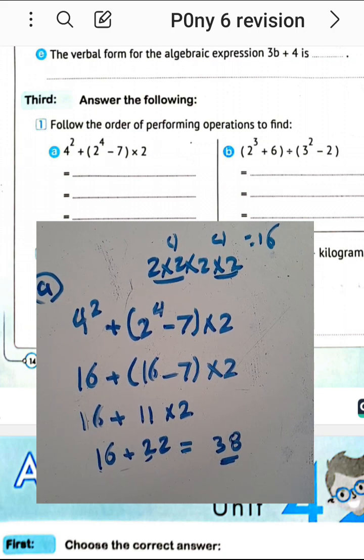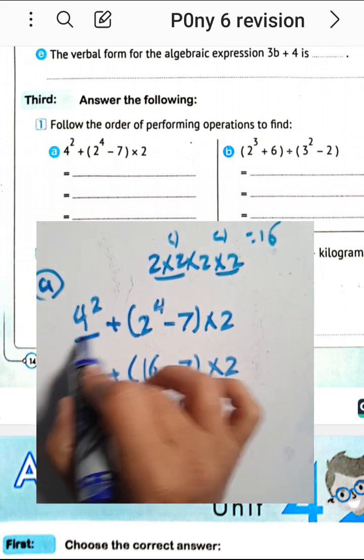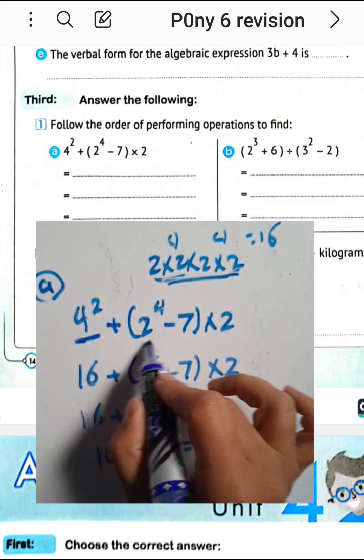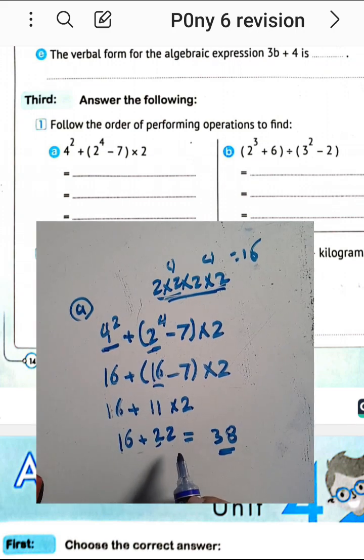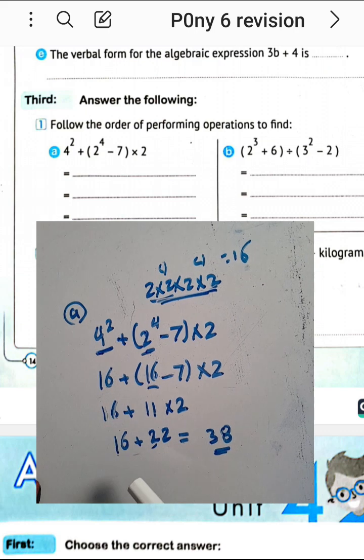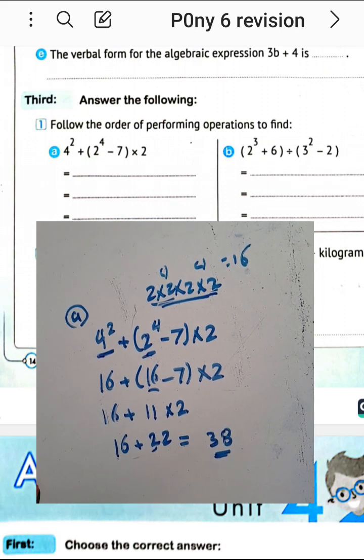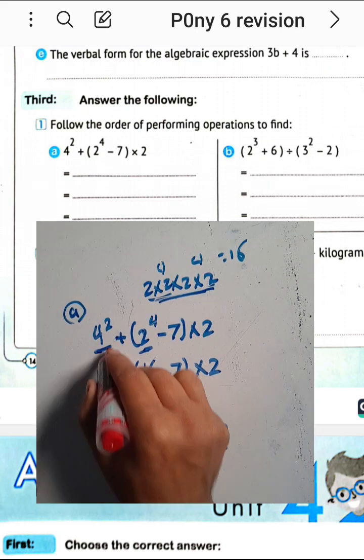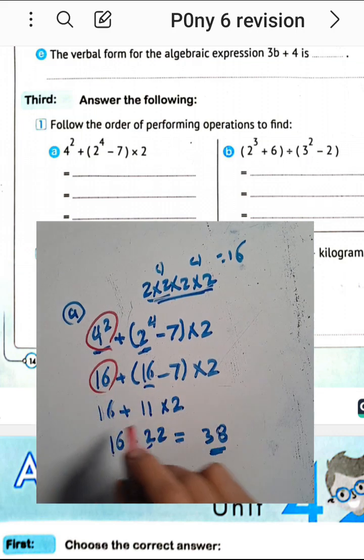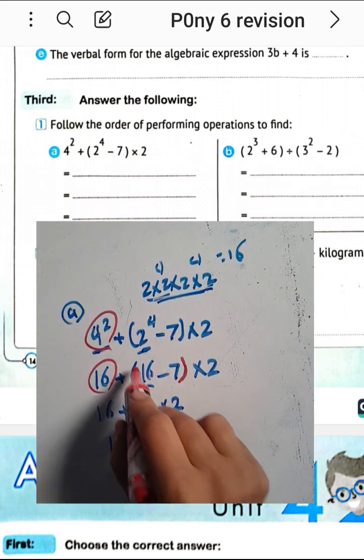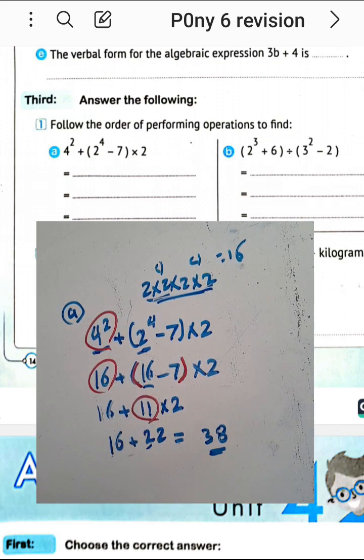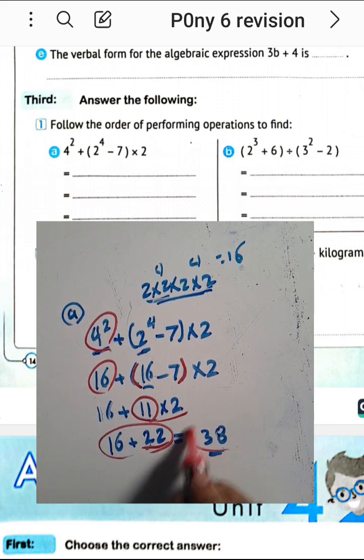Understood? 2 power 4 is 16, and 4 power 2 is 4 times itself, 4 times 4, 16. Then 16 minus 7 is 11, 11 times 2 equals 22, 16 plus 22 equals 38.